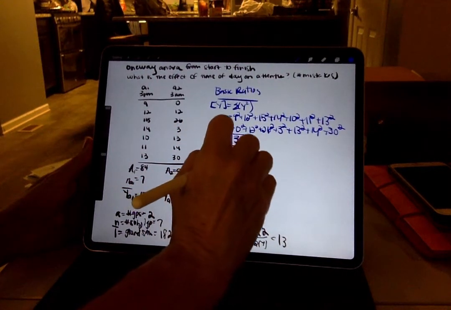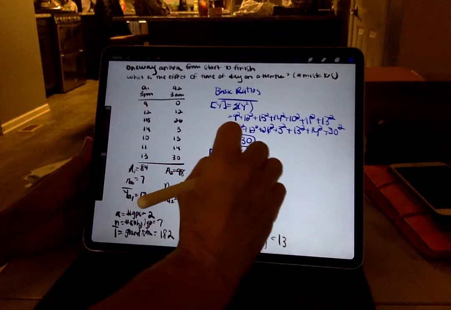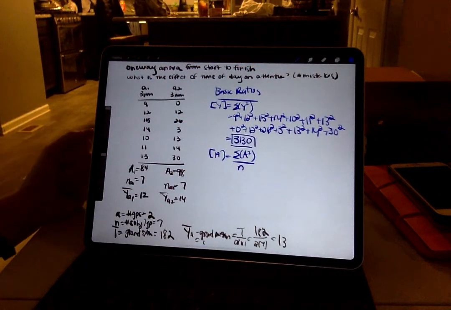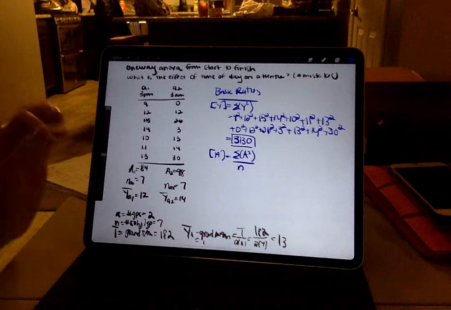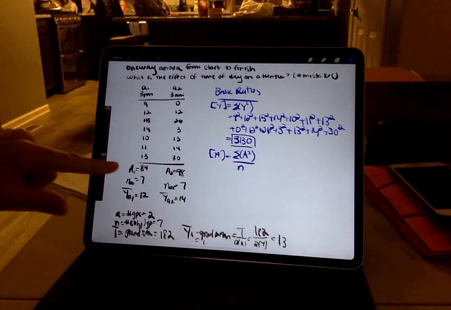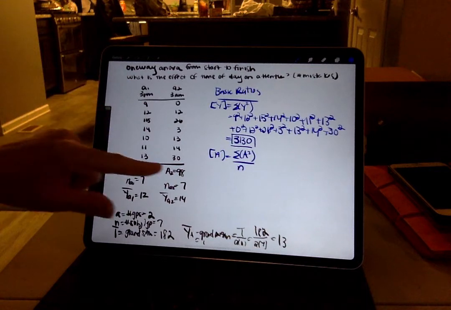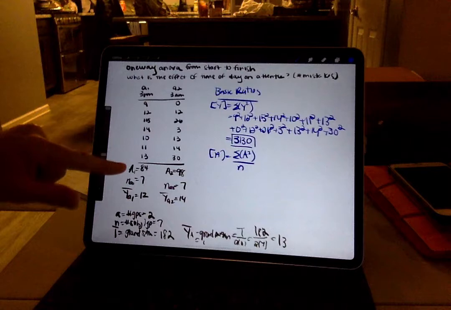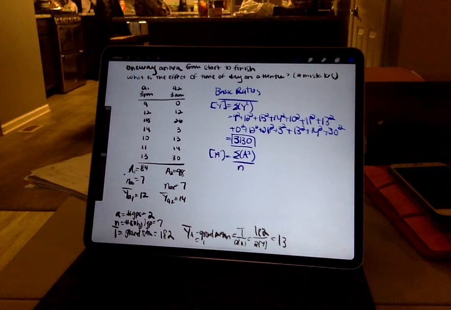Our next basic ratio is the basic ratio for A, and the formula for this is the sum of the capital A squareds divided by n. So again, I can't stress enough how important it is that you are using proper notation from the get-go. If you use your proper notation over here when you get your column sums, then it's very easy to see what numbers go in here. Capital A is over here, capital A is over here.